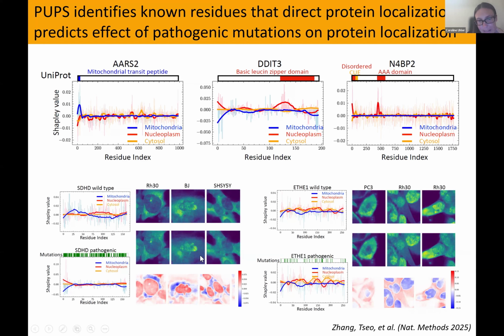By eye, you can't really see a difference, but if you actually take the difference of these images, you'll see that here there is more protein inside the cell nucleus. So that's this red thing. And you can also ask how the model made this prediction that now there is more protein inside. Which of the regions were important for predicting that it's now in the cell nucleus instead of outside?